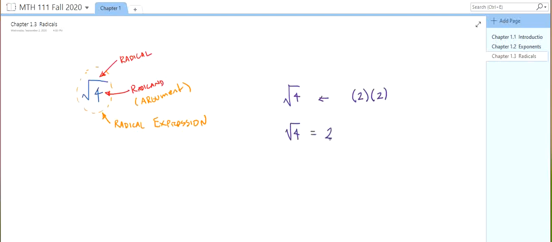So 2 is an answer. But there's another answer to this, because 2 times 2 equals 4. The second answer is really minus 2, because minus 2 times minus 2 equals positive 4.